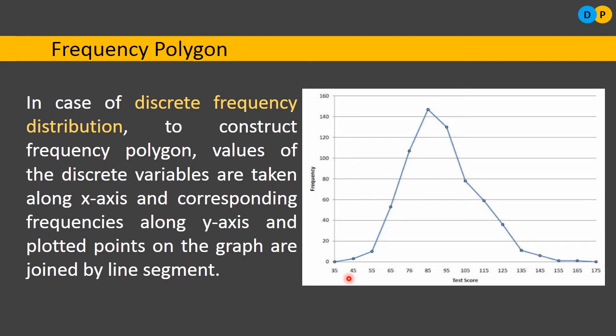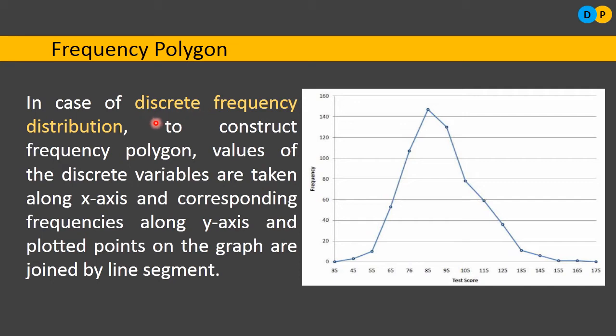We will not have a range of values; for example, we will not have 0 to 10, 10 to 20, 20 to 30. We will have only one value. If a variable takes a single value, then that is referred to as a discrete variable.